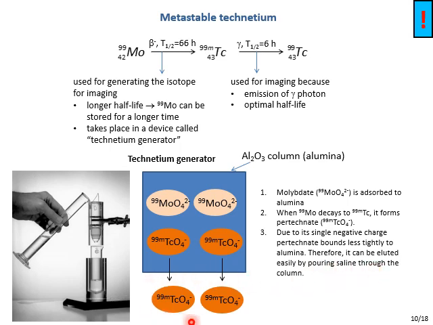In this way radioactive technetium in the form of a salt is produced, and from this salt the isotope can be incorporated into radiopharmaceuticals, which can be used for any of the procedures which were highlighted in one of the previous figures.